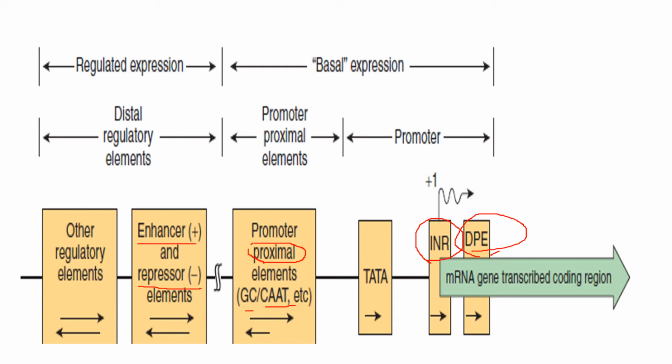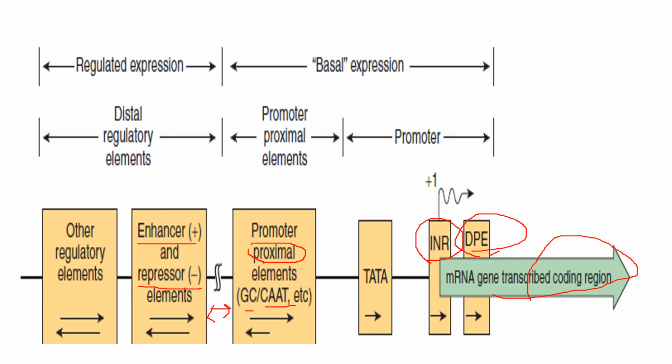Whenever they bind with the specific proteins which are specified for their repressor elements, they may repress the gene transcription. So enhancers and repressor elements are present thousands of base pairs from the transcription start site.